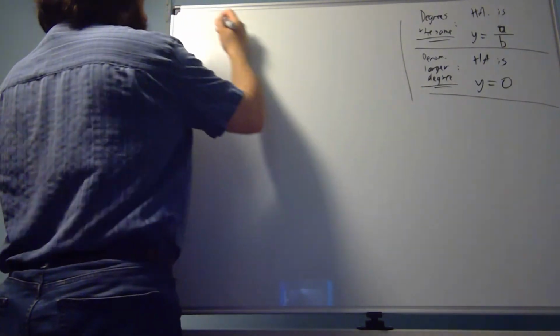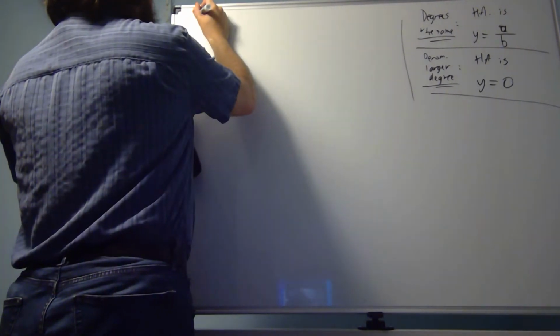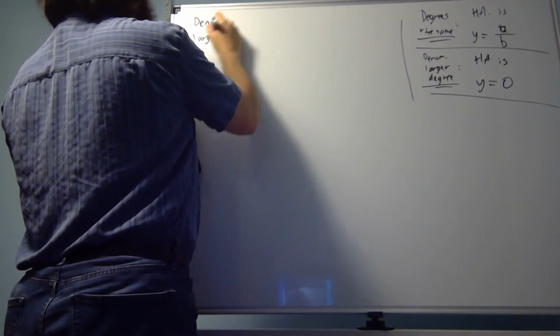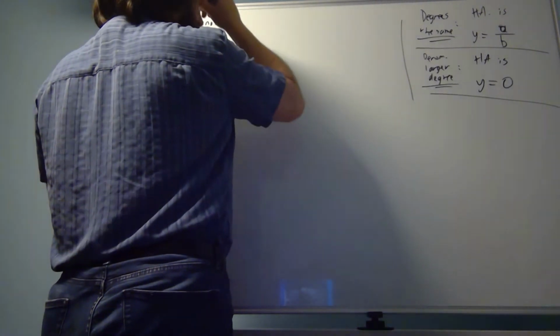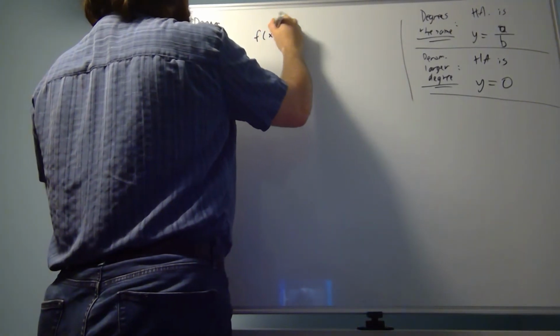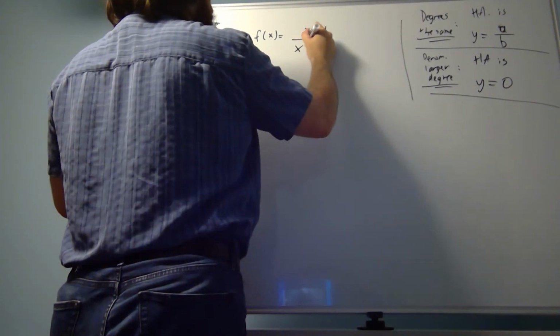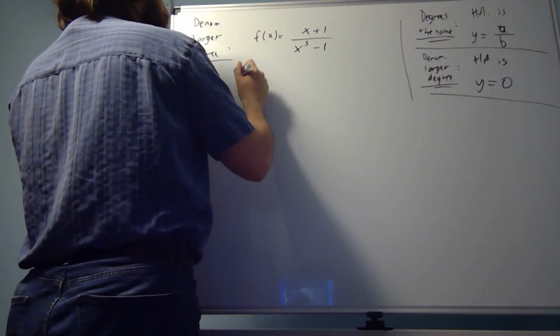I want to sketch the idea for when the denominator has larger degree. Let's use a simpler example maybe. Same idea: f of x is equal to x plus 1 over x cubed minus 1.